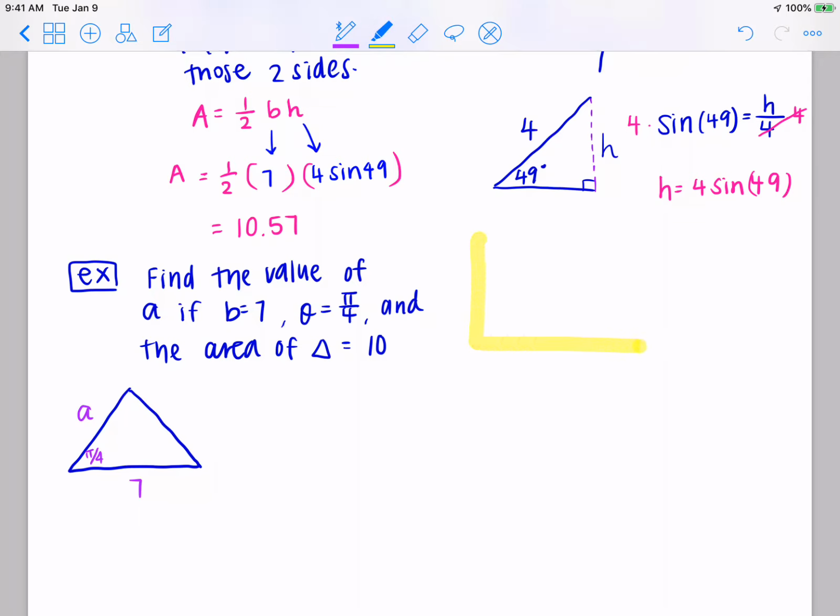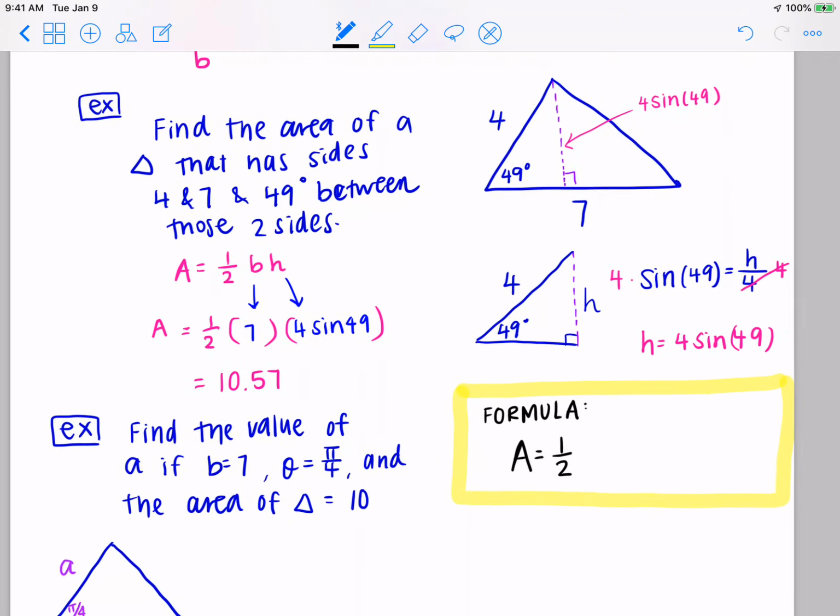So just from earlier, we can already come up with our formula. So the area is 1/2 base times height, right? So base is usually the bottom number, and then the height, we actually replaced it.